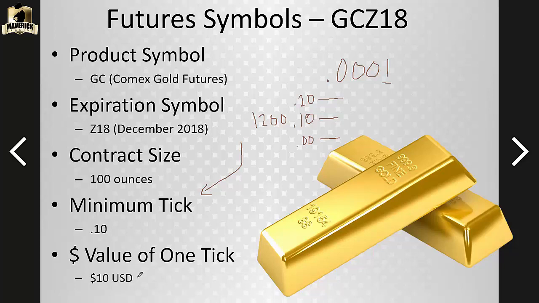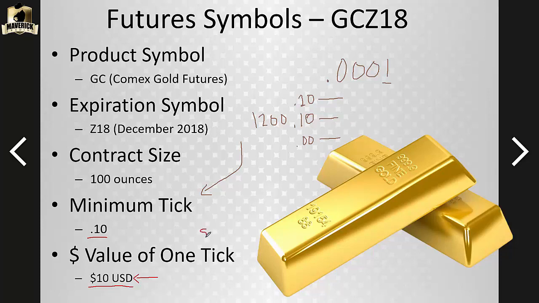And again, the value of one tick on one contract. So again, these trading contracts. So one contract, 100 ounces, minimum tick of 0.10, and you are looking at $10 US dollars. So it's pretty easy now to handle your position sizing and your risk management.